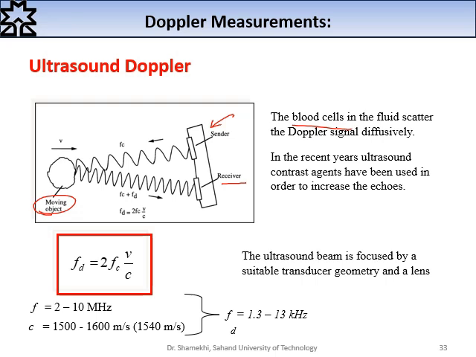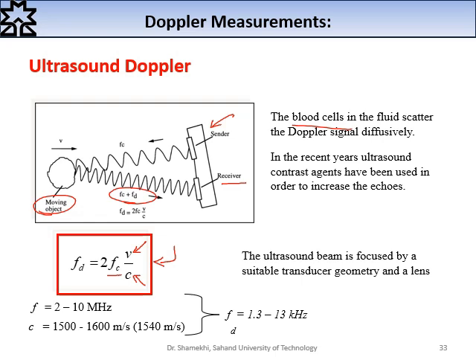As you can see, the shifted frequency can be calculated by this simple equation. Fd equals 2 multiplied by Fc, the center frequency of the sender, and V, the velocity of fluid, divided by C, the velocity of sound, the speed of sound.